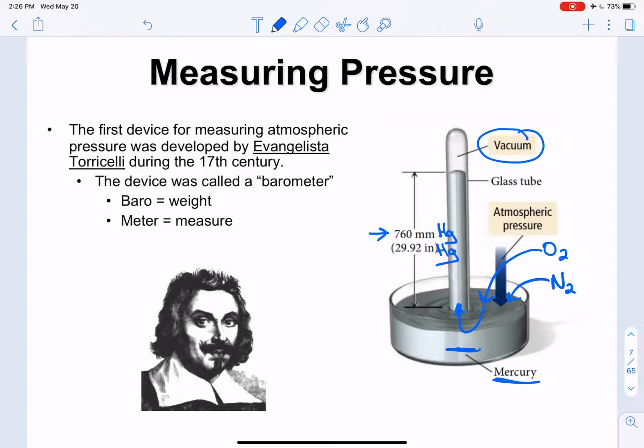And what Torricelli noticed was that on different days, the height of the mercury was a little bit different. So as the barometric pressure changed every day, the height varied a little bit. And what he also noticed is that he could predict storms coming. So when you get a low pressure system coming in, that's indicating that a storm's going to happen. So if you watch a weather report, if a storm is coming, they'll say there's a low pressure system on its way.